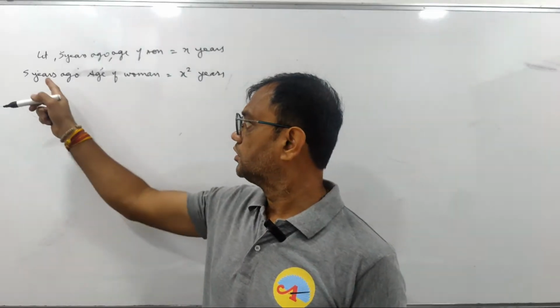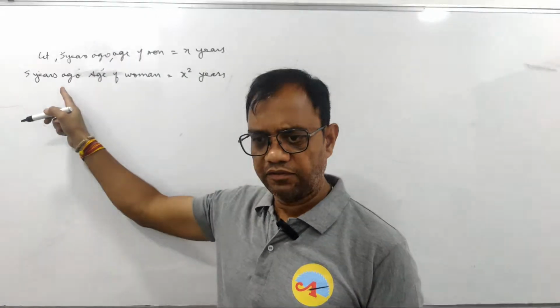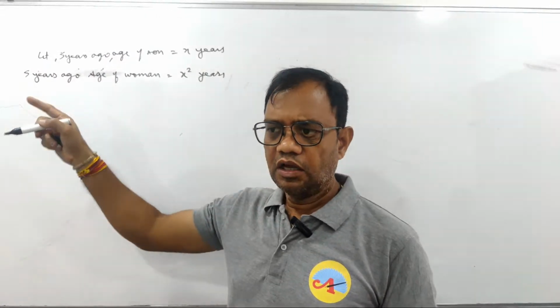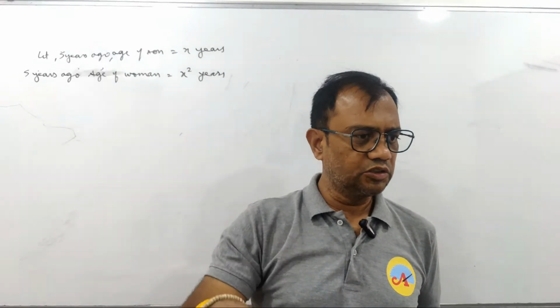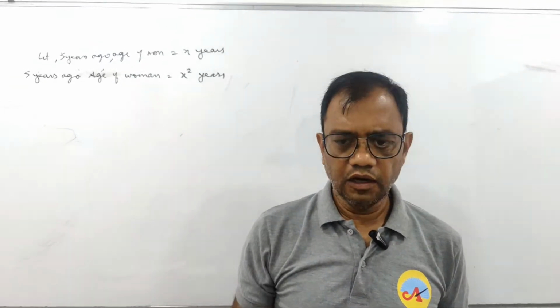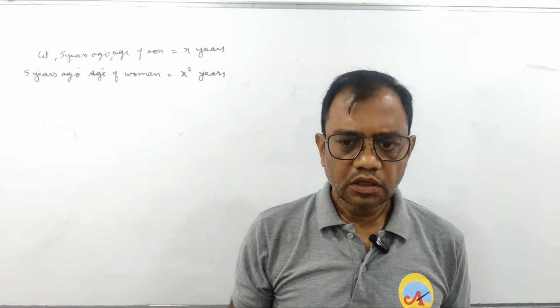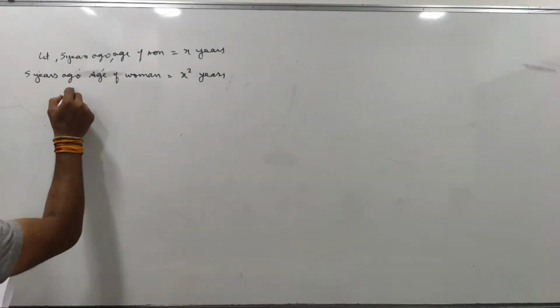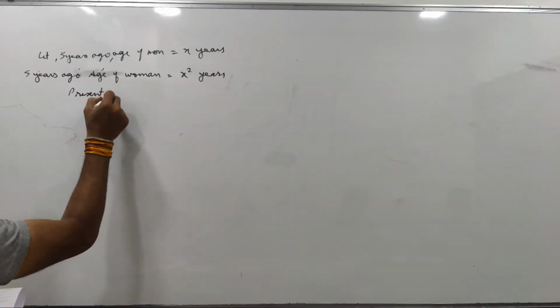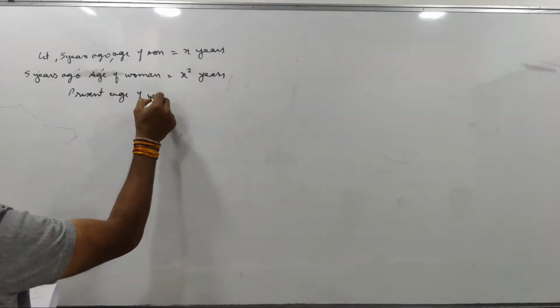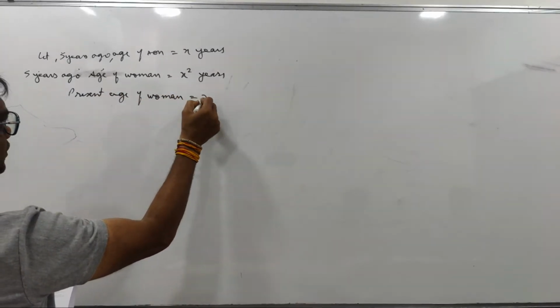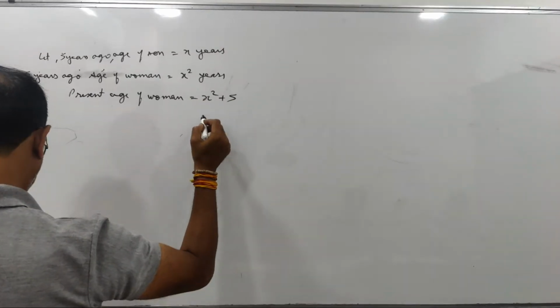So if your age 5 years ago was 10, what is your present age? How do you get it? Plus 5 करेंगे. So what will be the present age of the woman? x square plus 5.